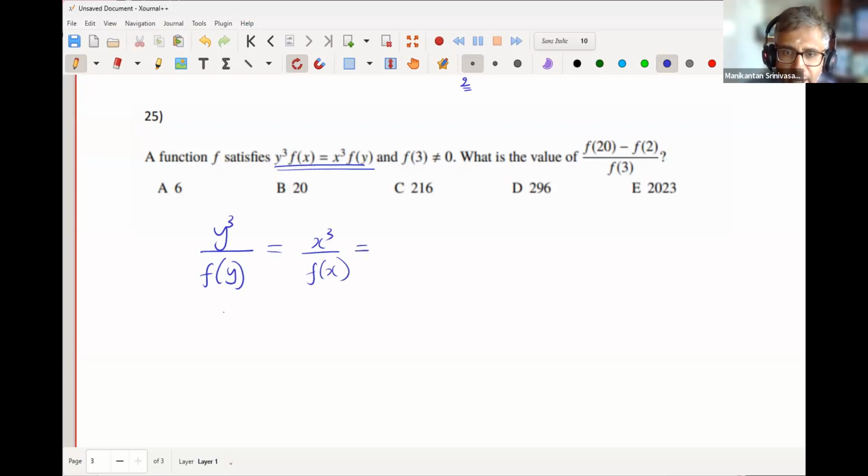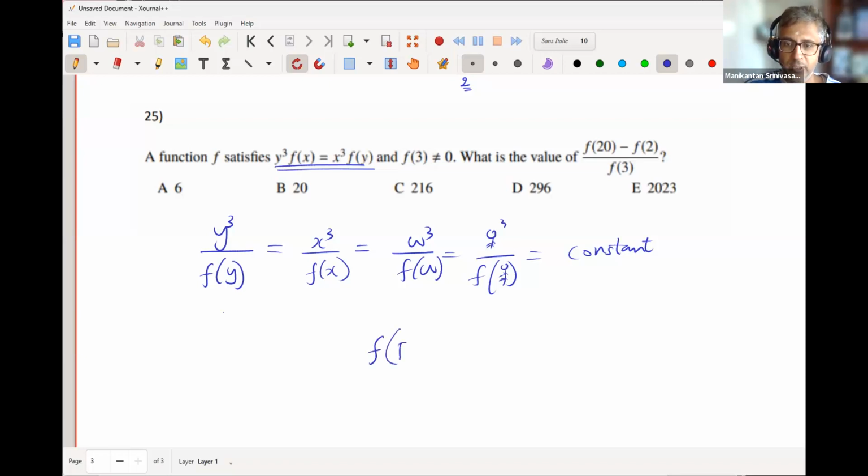So for any x and y, doesn't matter. It's not like x is an input, y is output; it's w cubed by f of w, or some random guy cubed upon f of that random guy, right? Which means we are saying this guy is a constant, right? So in other words, this proves that f of, in fact, I'll use another variable p, is some constant k into p cubed.